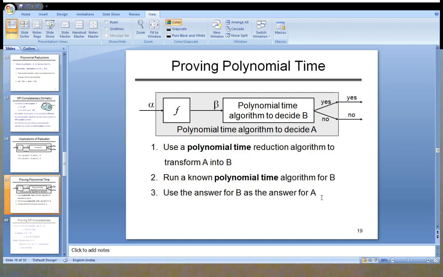By just converting the input for A into the input for B, we can use the algorithm for B to solve problem A.